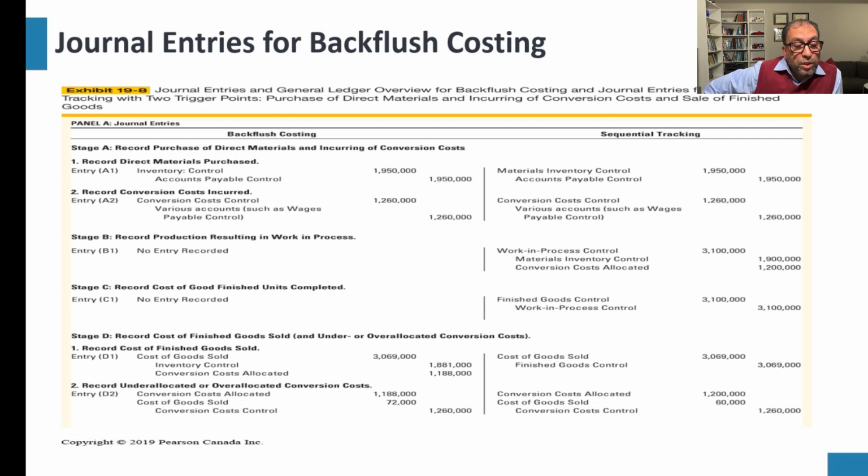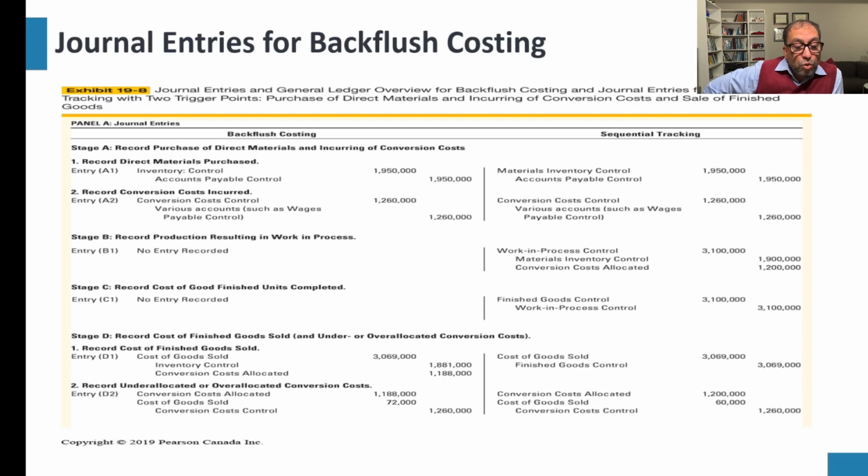So these are the very same entries in backflush as well as sequential tracking. Record production resulting in work in process: no entry required in backflush. But in sequential, work in process control debit, material inventory control credit, and conversion cost allocated credit. So this way, we see the entry.